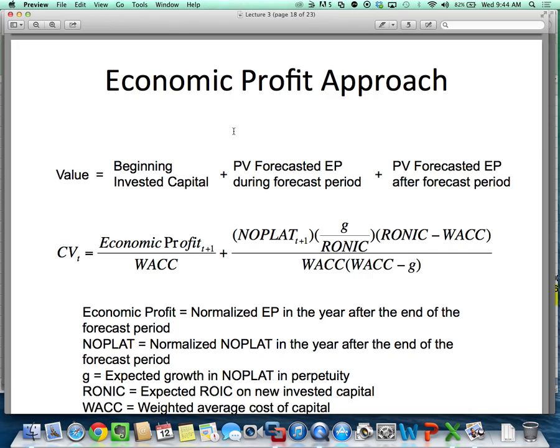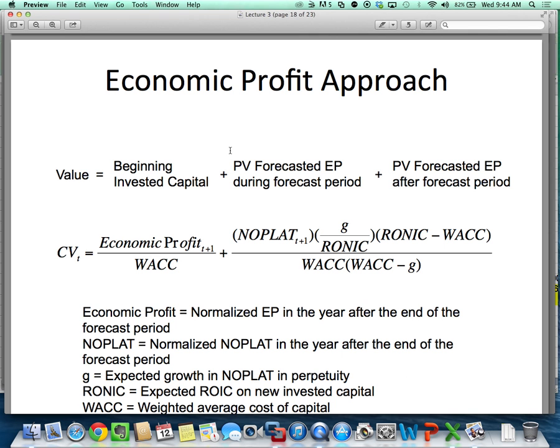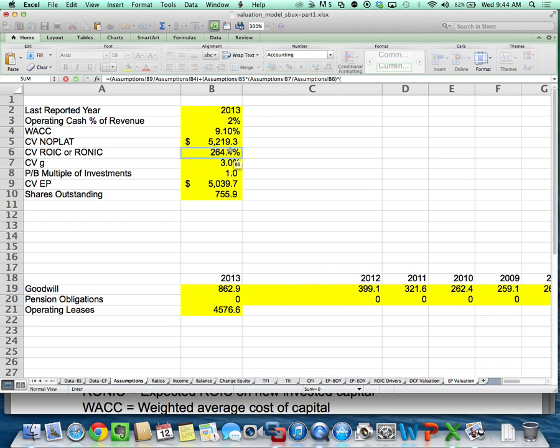Plus, left paren, NOPLAT times left paren growth divided by RONIC, right paren, times left paren RONIC minus WACC, right paren, divided by left paren WACC times left paren WACC minus growth.